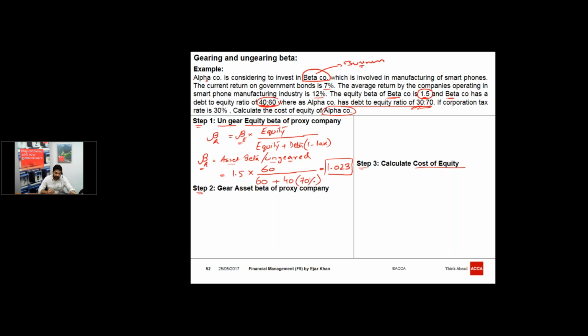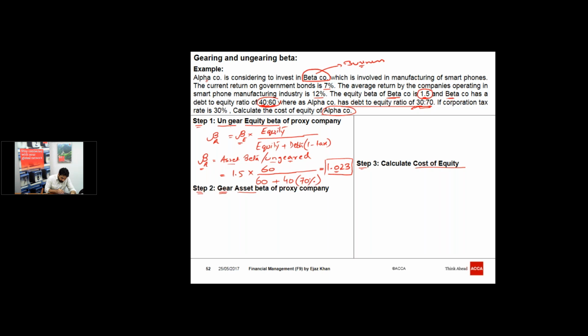And how do we do it? First, we ungeared the equity beta, and this time we have to gear the asset beta. We have to gear this beta and convert it into equity beta to reflect the financial risk of Alpha Company.